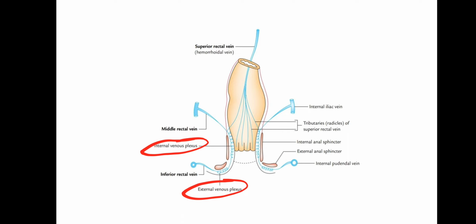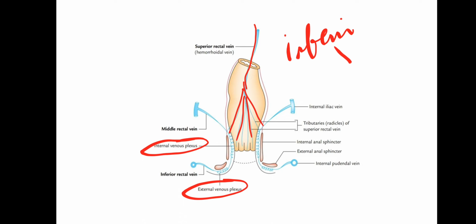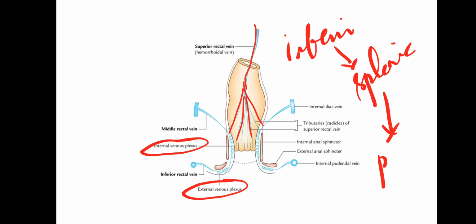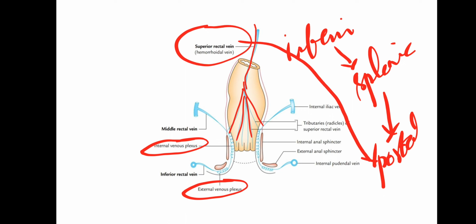From the internal venous plexus, we have the origin of 6 veins that unite together to form the superior rectal vein, which continues like that of the artery as inferior mesenteric vein, which in turn drains into the splenic vein, which helps in the formation of portal vein. So this superior rectal vein is going to go to the portal circulation.